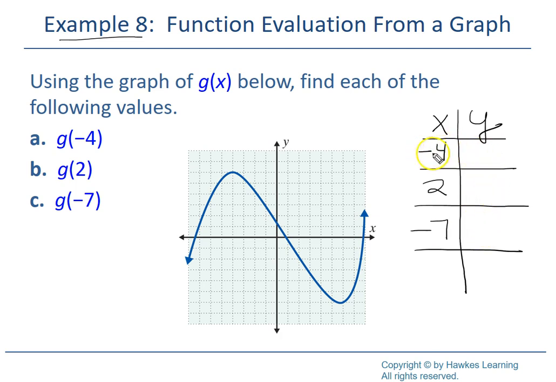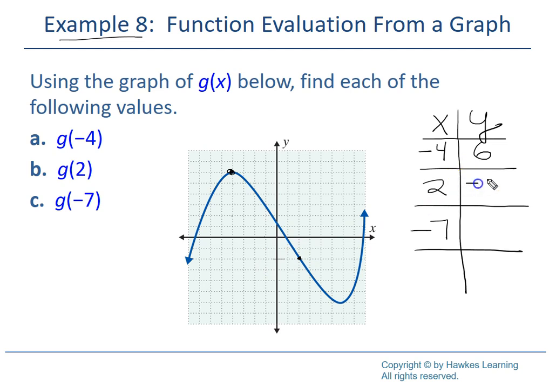So let's just do it, -4. So 1, 2, 3, 4, we go up here. So x is -4. Now y is going to be 1, 2, 3, 4, 5, 6. Y is a 6. If x is a 2, 1, 2, we go right here.